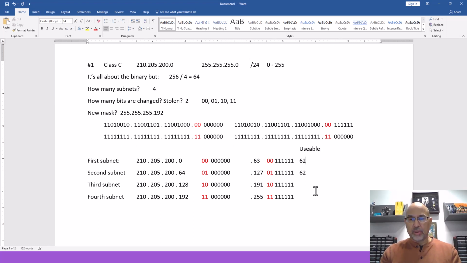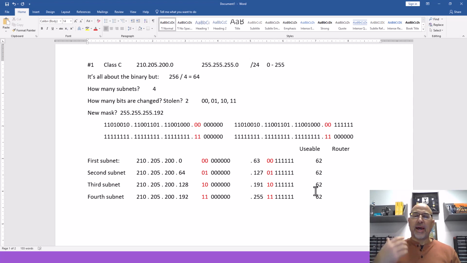Usable addresses is 62 for each one of these. Because we had to burn 2 for the network ID and for the broadcast.